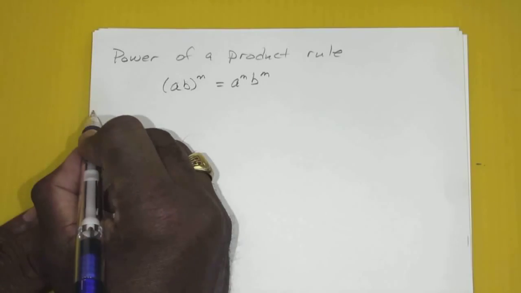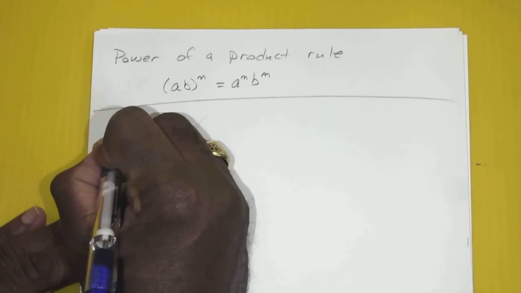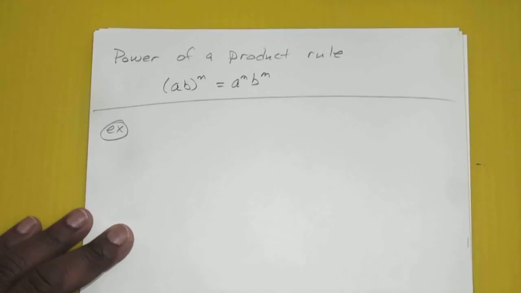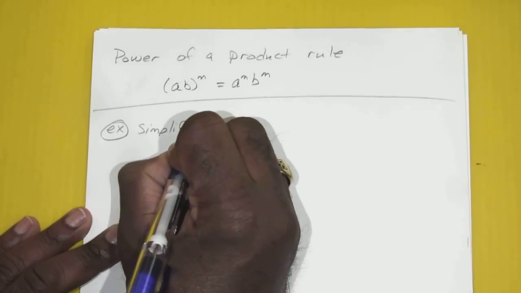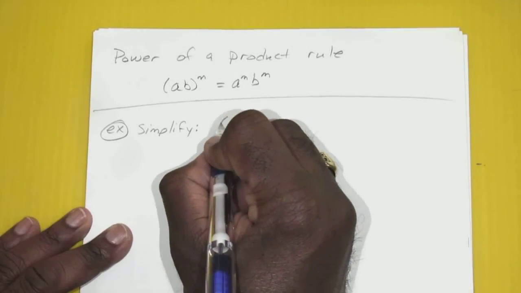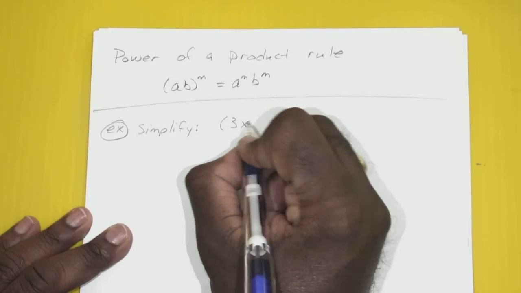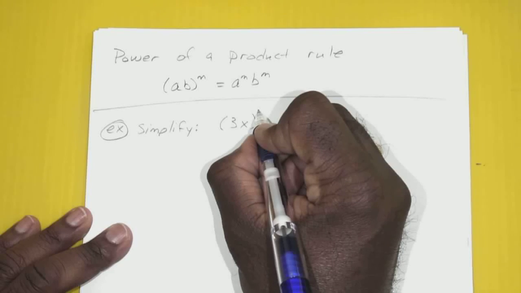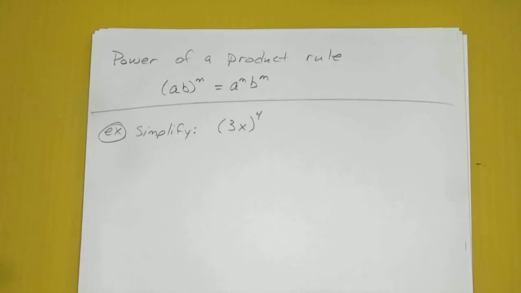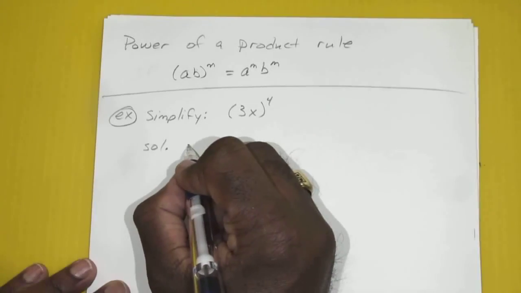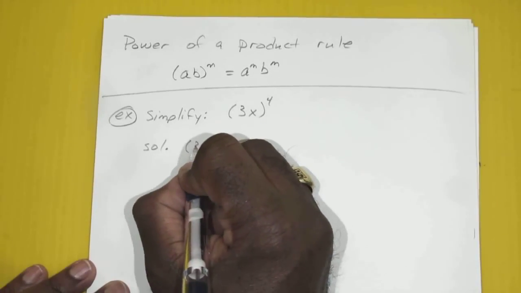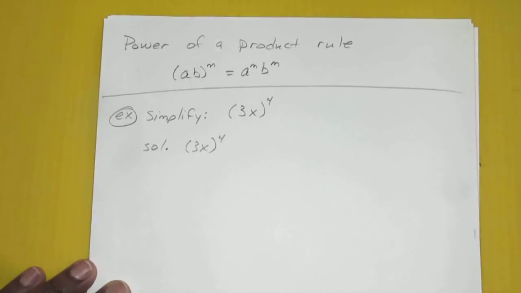All right, so let's say, for example, if you wanted to simplify 3x to the fourth power.